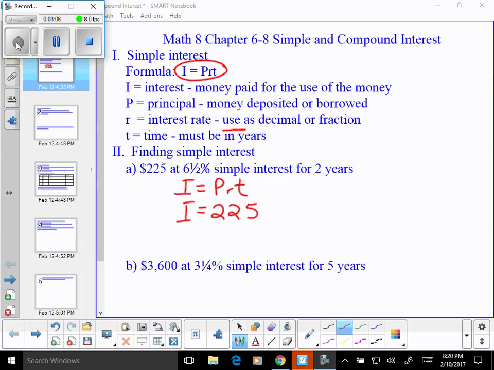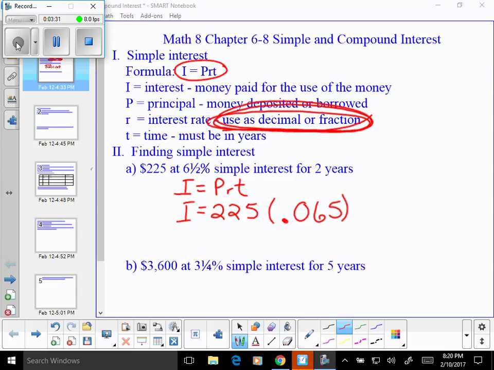Remember, used as a decimal or fraction. In this case, it's not going to be 6.5, it's going to be 0.065. Remember that when we have the percent and we go to the decimal, we shift our decimal point 2 places to the left.